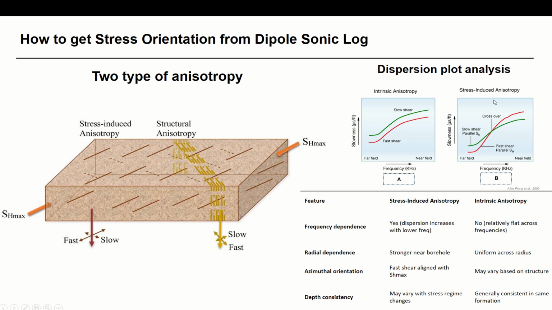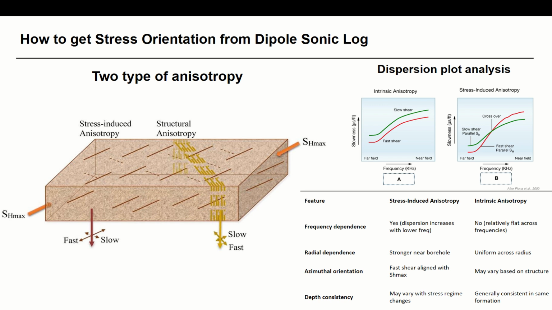Either intrinsic or stress-induced anisotropy. To be able to determine the stress orientation from sonic data, the anisotropy should be stress-induced. Why? Because if the anisotropy is stress-induced, the dispersion increases at lower frequency, meaning this is frequency dependent.